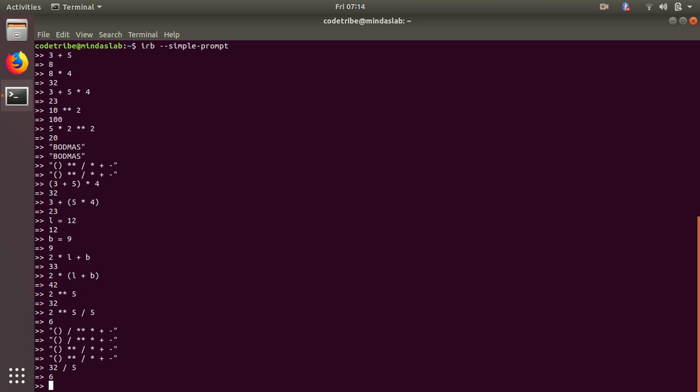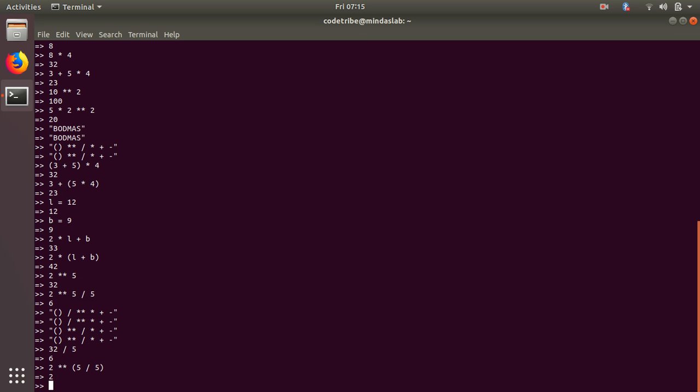So I'm really sorry, the operator precedence is brackets, then raised to the power of, next division, next multiplication, next addition, and next subtraction. So if you want to calculate 2 raised to the power of (5 by 5), you just put it like this. Brackets will be evaluated first, so 5 by 5 will be 1, and 2 raised to the power of 1 will be 2, right?